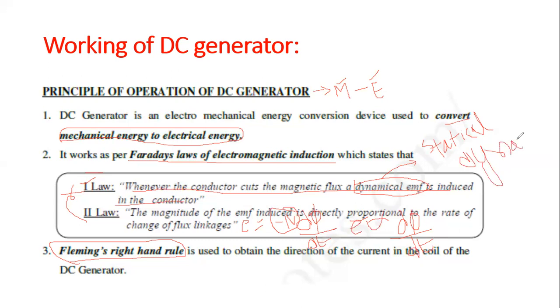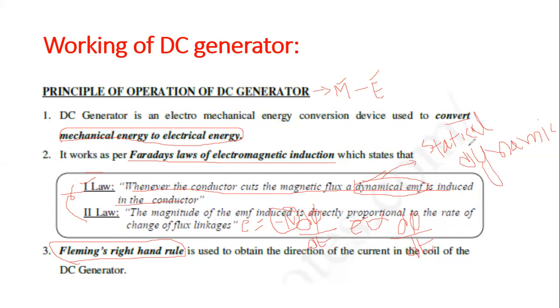These are the two types of induced EMFs. In the case of a DC generator, the type of induced EMF is the dynamically induced EMF.